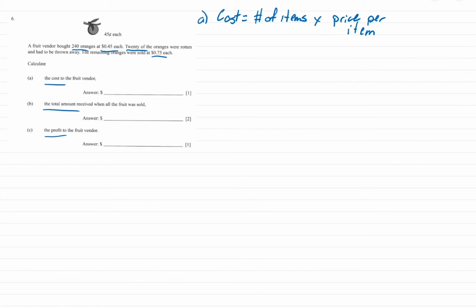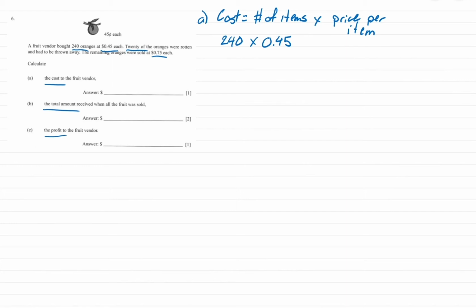So in this question, we're told that the fruit vendor purchased 240 items. So we have 240 items, and each orange, so that's going to be the price per item, cost 45 cents. So if we want to calculate the total cost to the vendor, that's going to be 240 multiplied by 45.